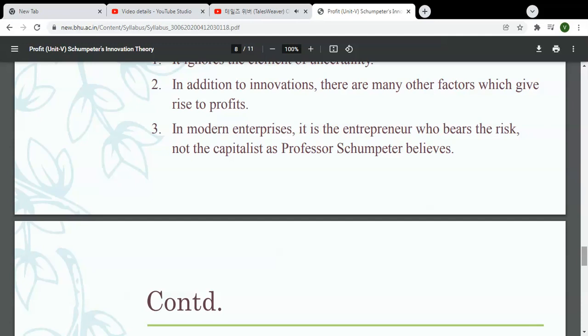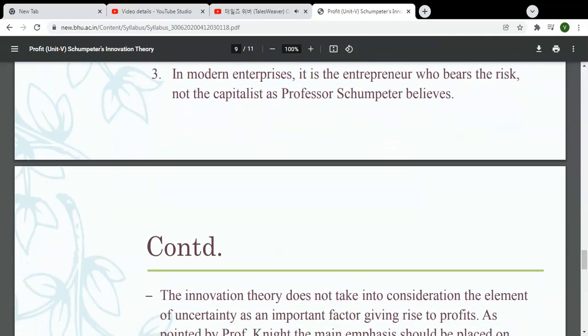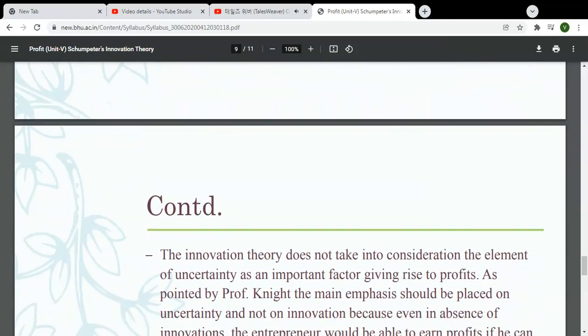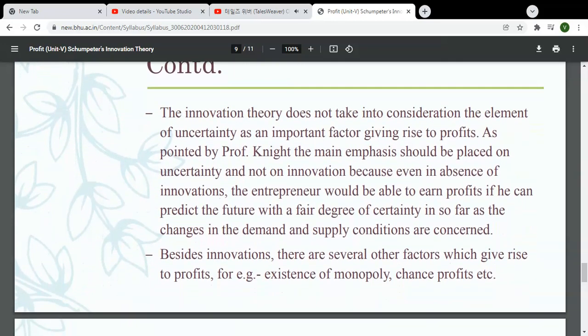One thing is certain, that this is an innovation theory, so it will only explain how innovation leads to profits. Then there is the third point: it is the entrepreneur who bears the risk, not the capitalist. But the capitalist and the entrepreneur are often the same person even today. So the innovation theory does not take into consideration the element of uncertainty. I am not sure what it means here.